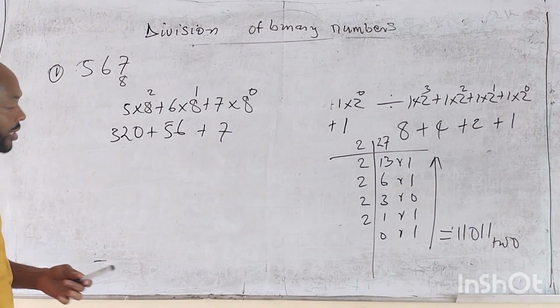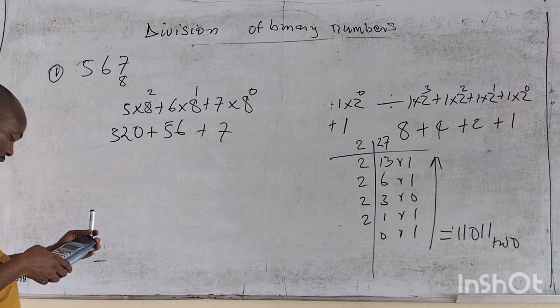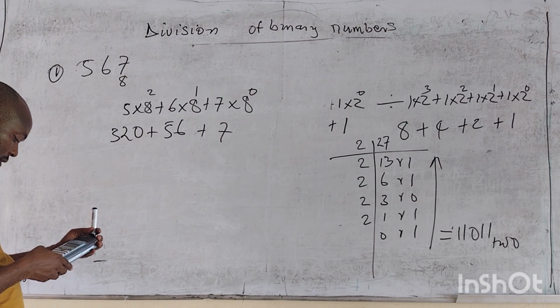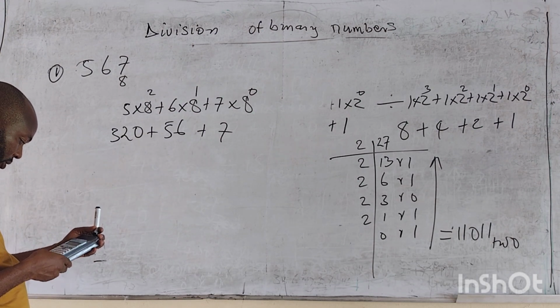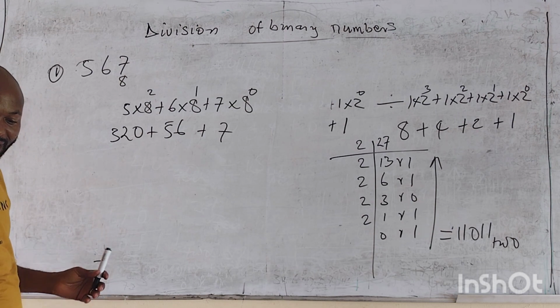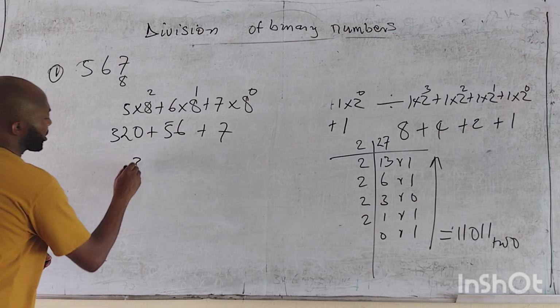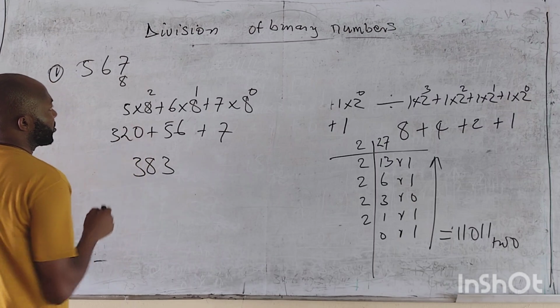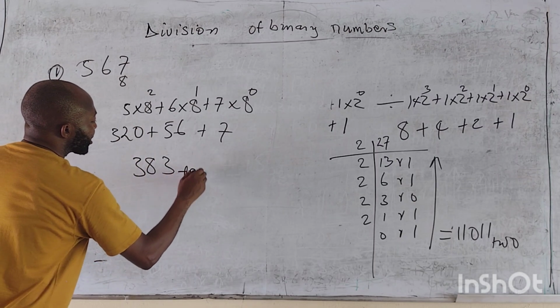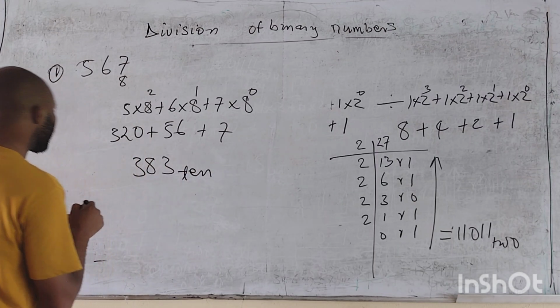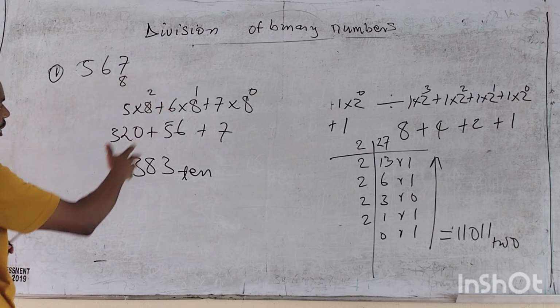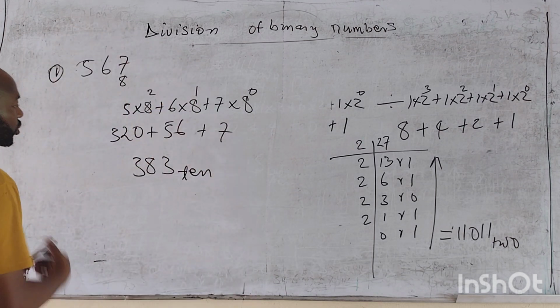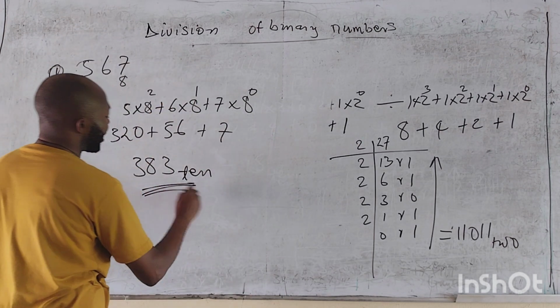So when we add 320 plus 56 plus 7, we have 383. 383 in base 10. Okay. So the question says we should convert this to base 10 and base 2. So this is our answer in base 10.